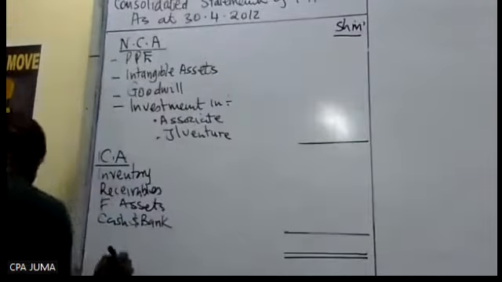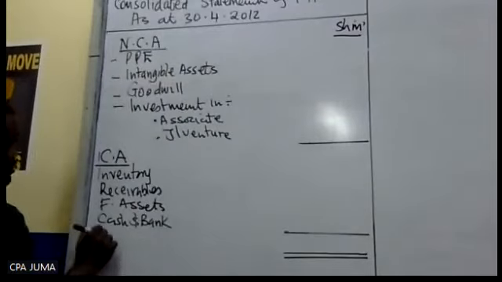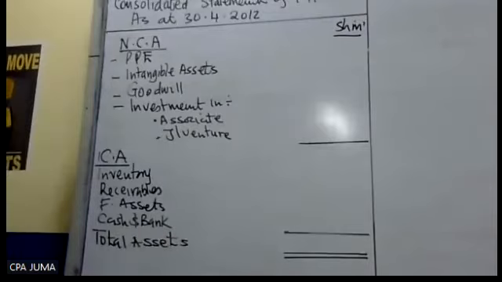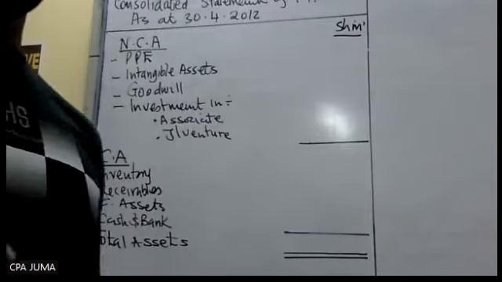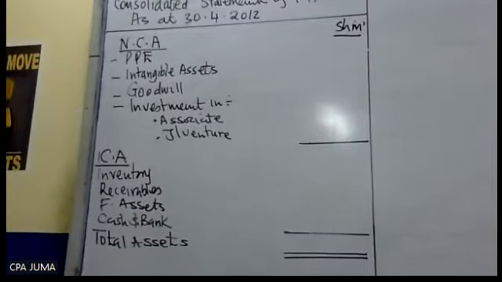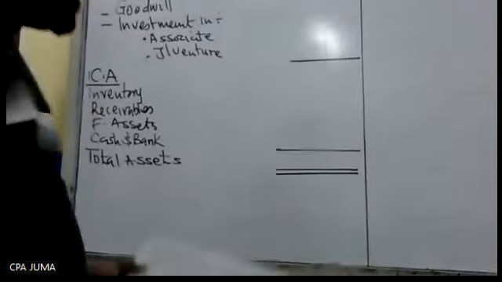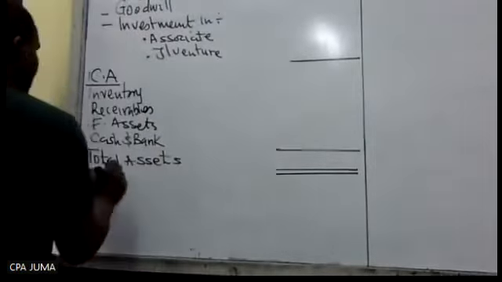So total assets. We are just giving out the layouts. Equity and liabilities.